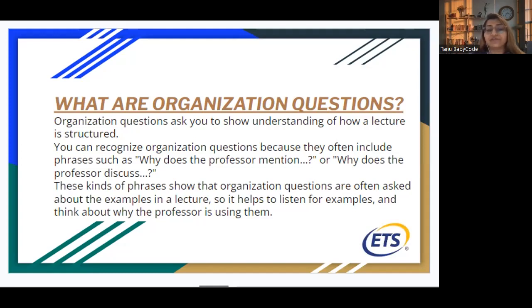Now these kinds of phrases show that organization questions are often asked about examples in a lecture. So it also helps to listen for examples and think about why the professor is using them. So basically, you have to understand how a lecture is structured.